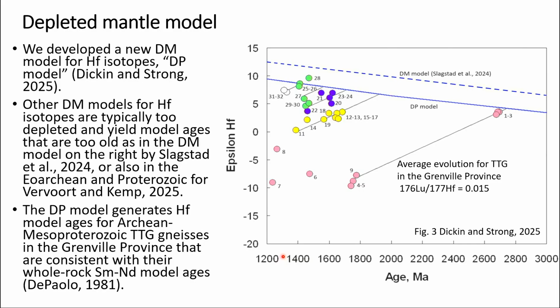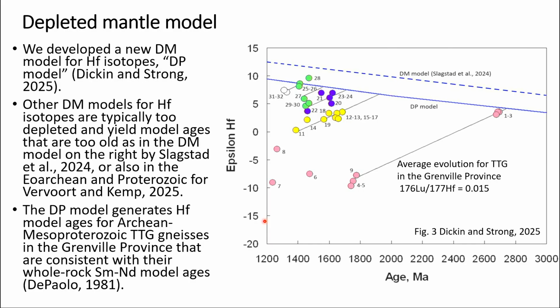Other depleted mantle models for hafnium are typically too depleted and yield model ages that are too old, as in the DM model on the right, used by Slagstad et al., or also in the Eoarchean and Proterozoic. Our depleted mantle model generates hafnium model ages for Archean to Mesoproterozoic TTG gneisses in the Grenville Province that are consistent with their whole rock neodymium model ages.